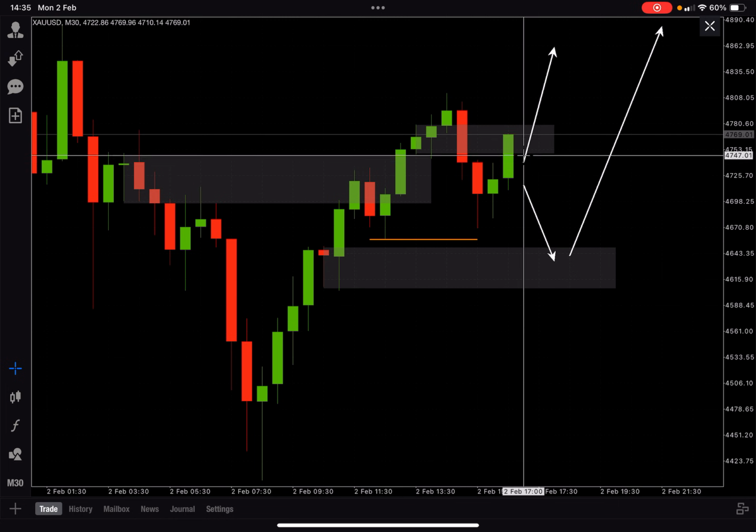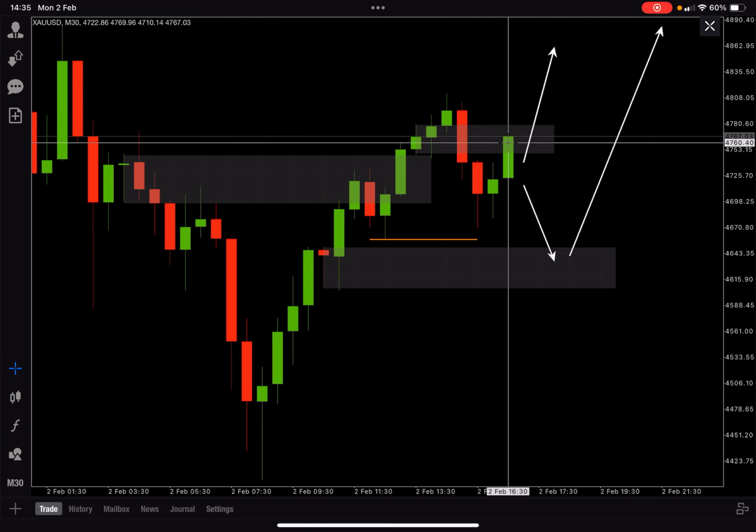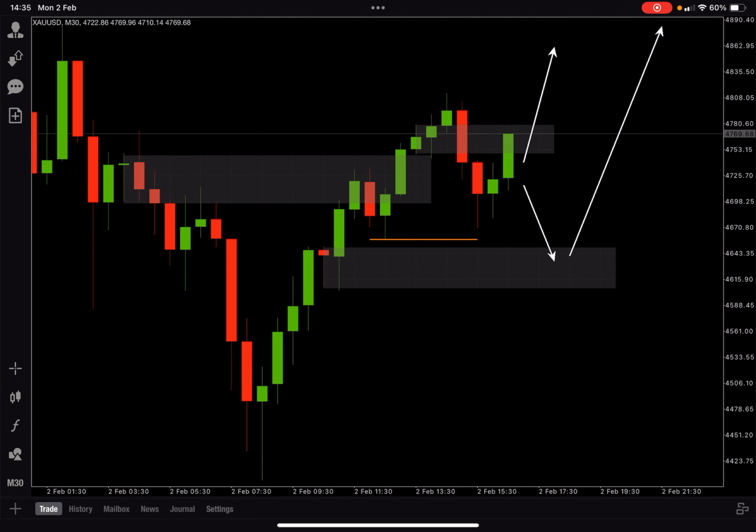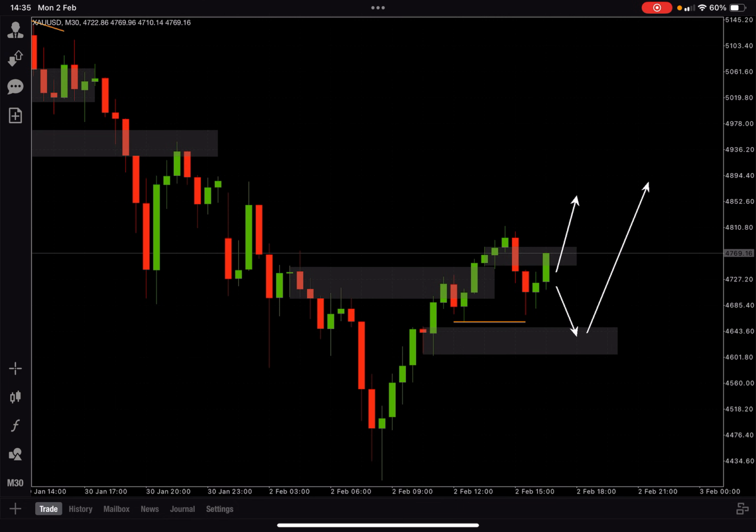Apart from that, you would be looking for a push up with more manipulation to be made. So at the moment, you'd be sitting out and just seeing what takes place. And if clear manipulation takes place, then it's all good. You can get into the move. If it doesn't, then you stay out.